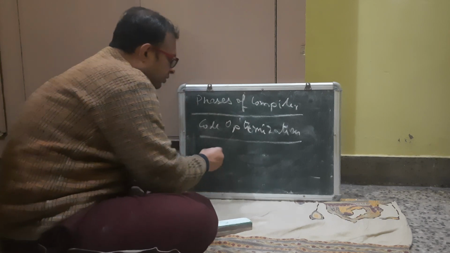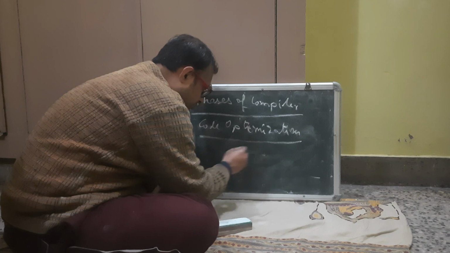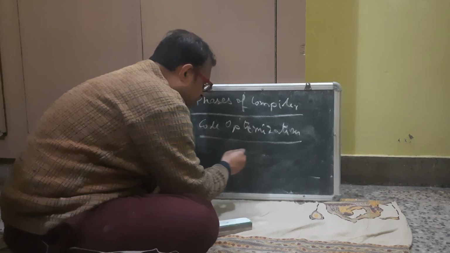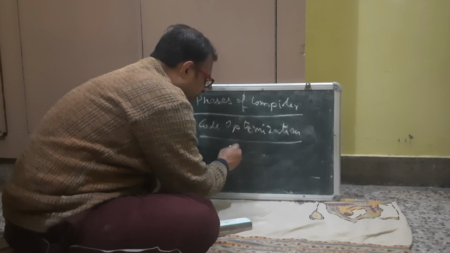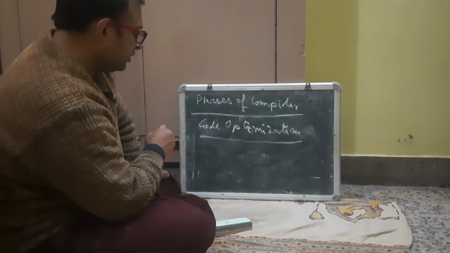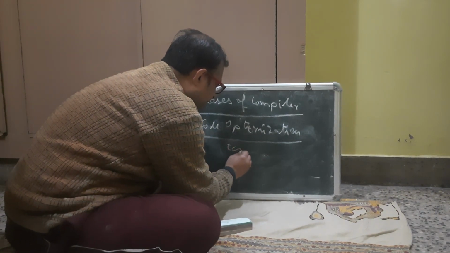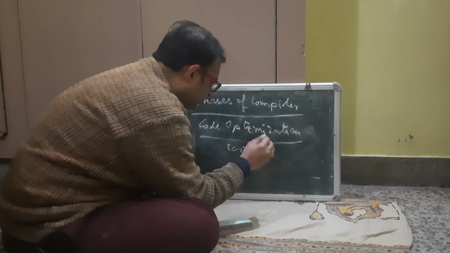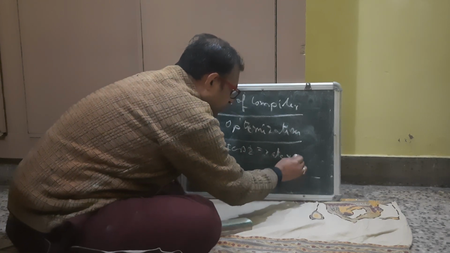What is the optimization of the previous code? See, first was the identifier equals expression. In this case we can use one temporary variable. We can directly write temp2 equals rate into 60.